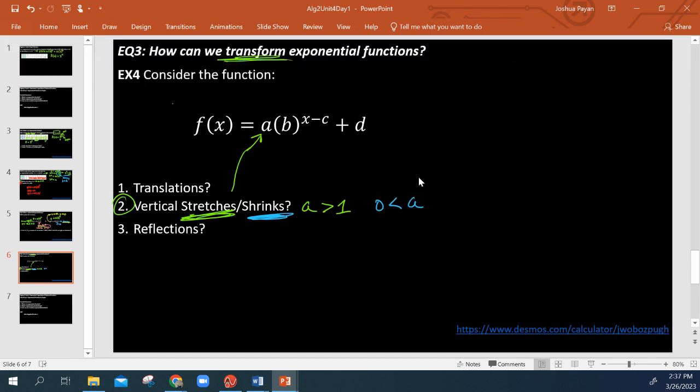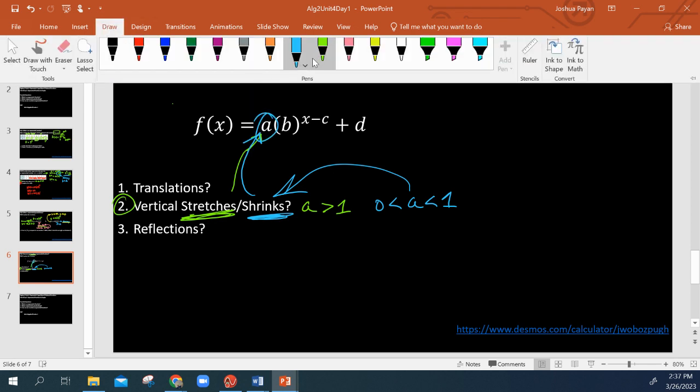When A is in between 0 and 1, it's the simplest way to put it to not confuse anybody, this, of course, means shrink. So both of these come from A.